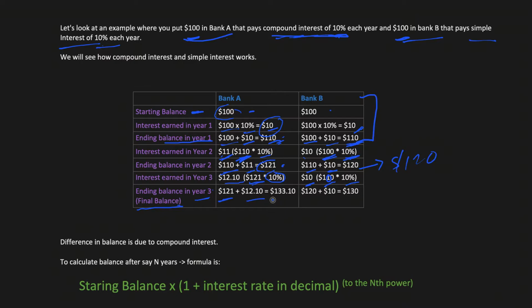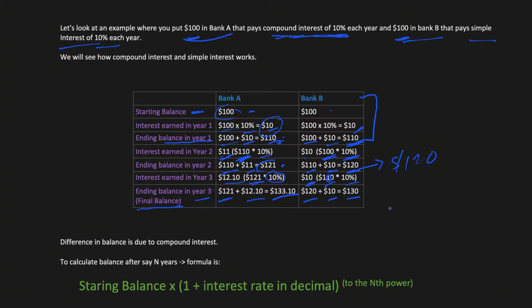So we get $133.10. And for bank B, it would be $120, which is the amount that we have in year two, plus the interest that we earned in year three, which is $10.